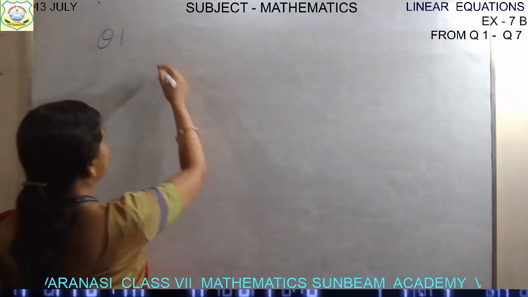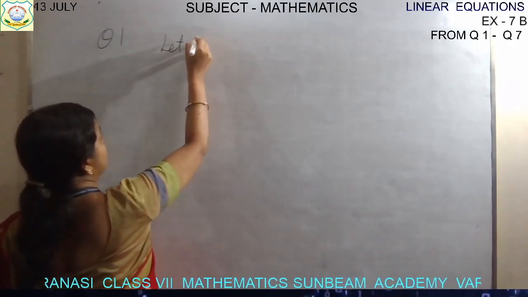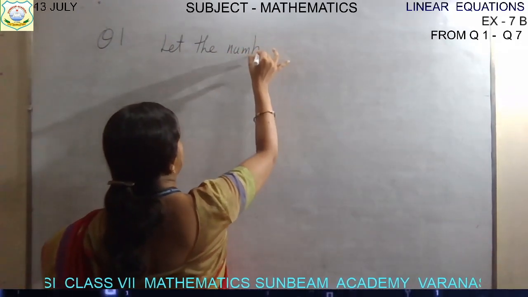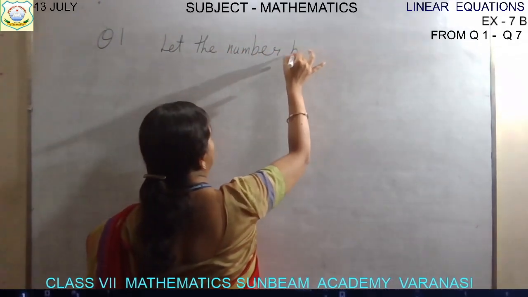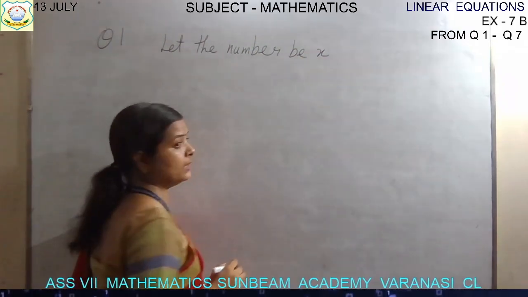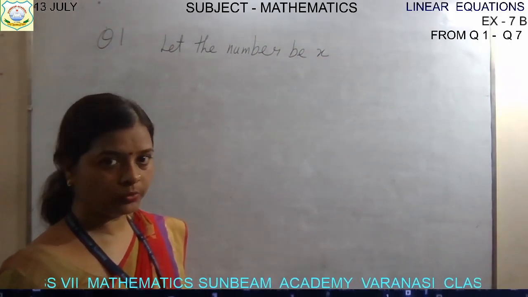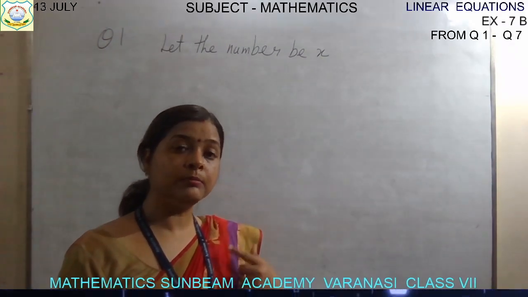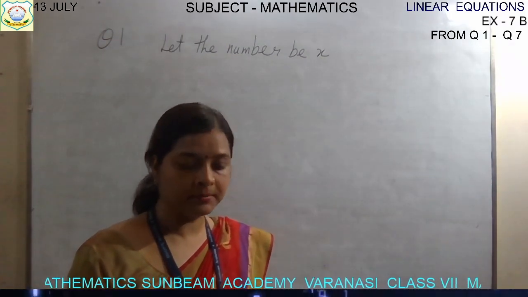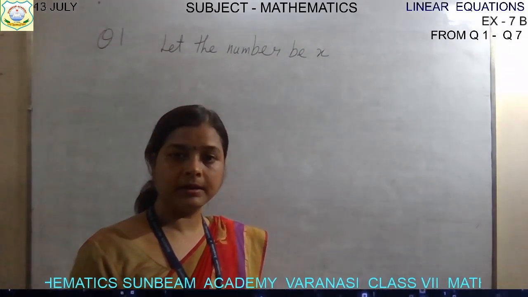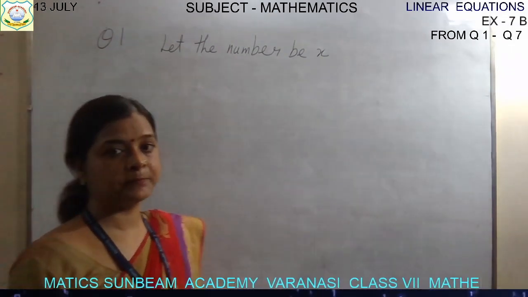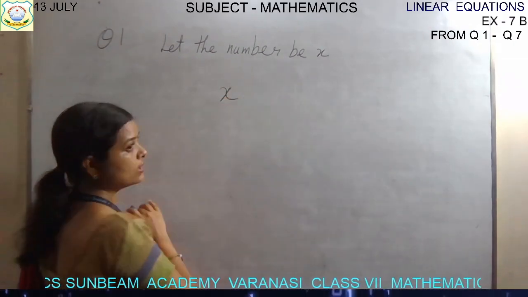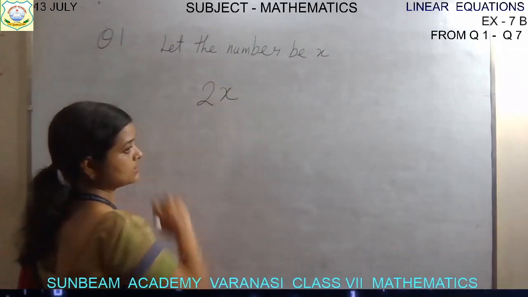So I am taking x. Let that number be x. We don't know that number, and the question is saying twice a number when decreased by 7. Twice a number. What is the twice of this x? Twice of this x will be 2x.